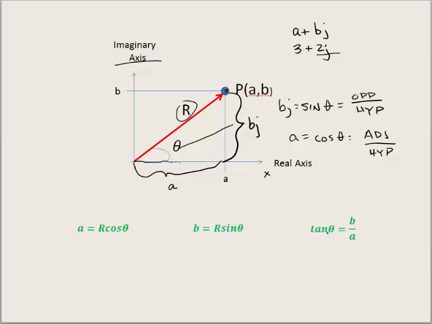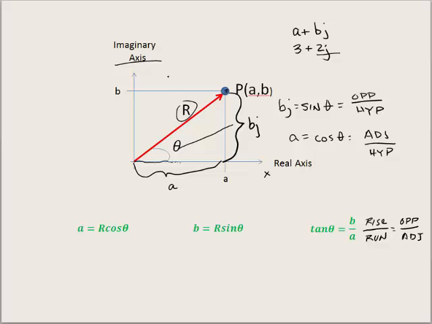Okay, to find theta, you would use the tangent function of b over a, sometimes known as the rise over the run. Or in our trig function, that would be opposite over adjacent.